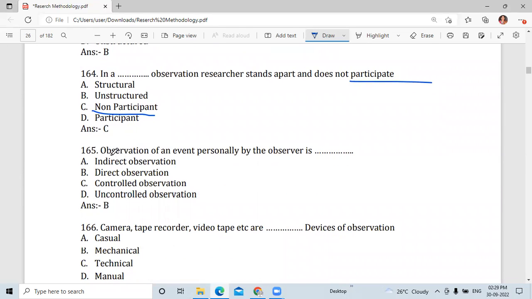Next question: observation of an event personally by the observer is dash. What is it? Direct observation. Observation of an event personally by the observer, so the answer is direct observation.